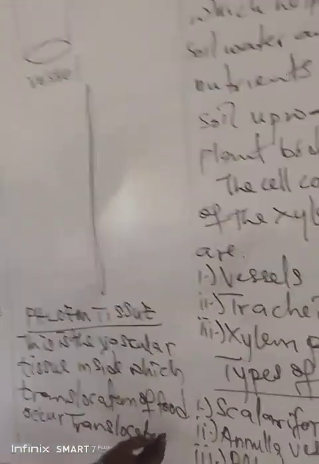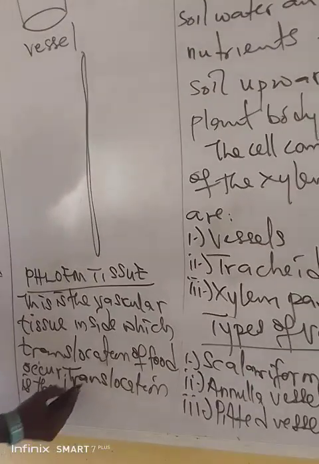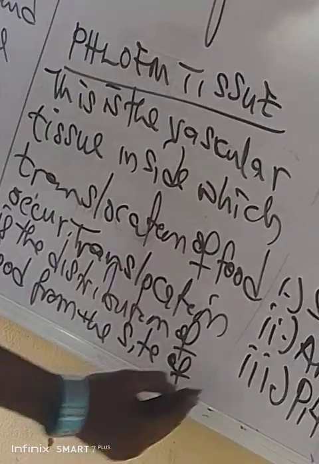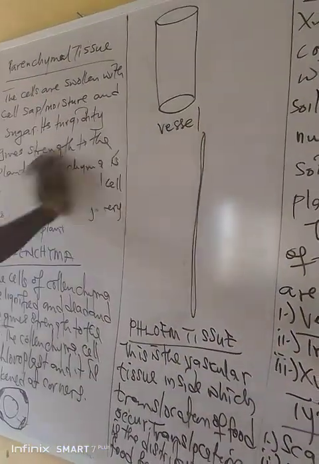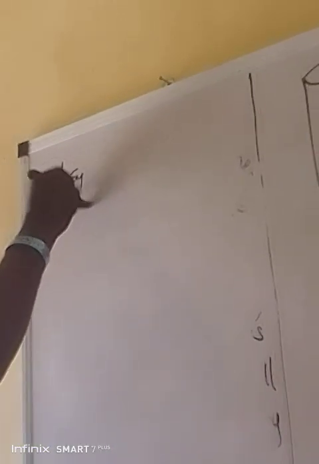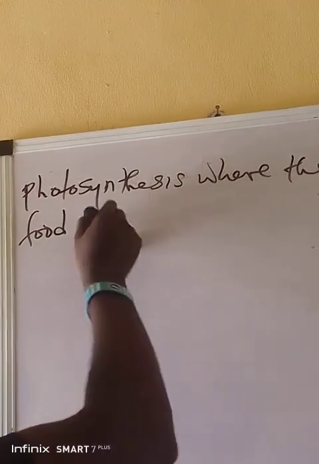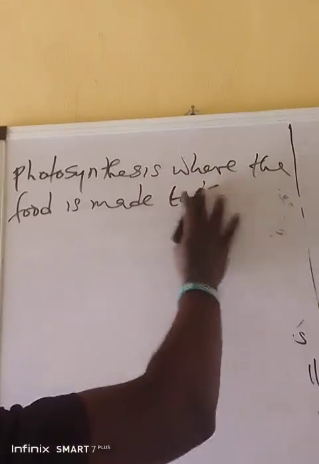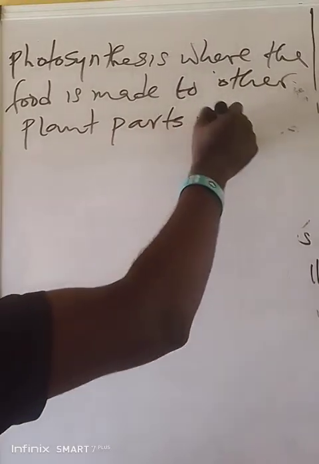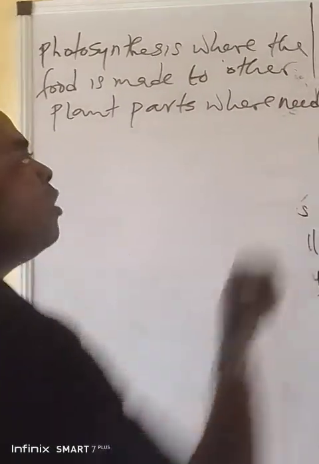Translocation is the distribution of food from the site of photosynthesis, where the food is made, to other plant parts where needed.